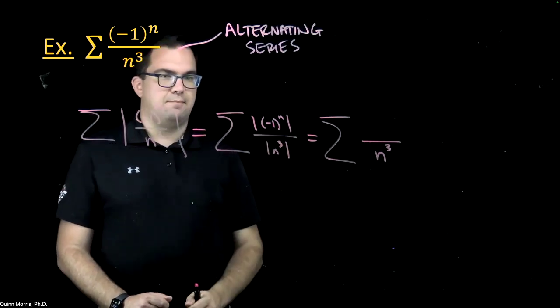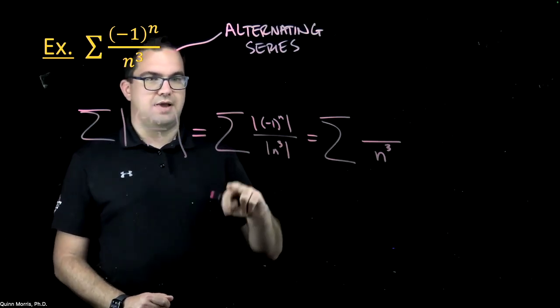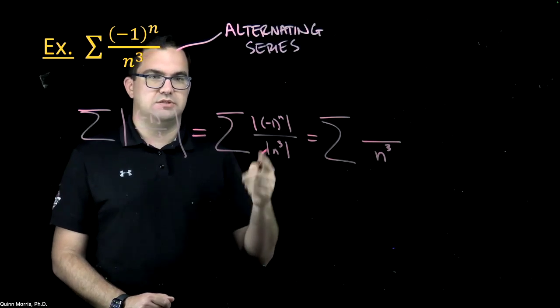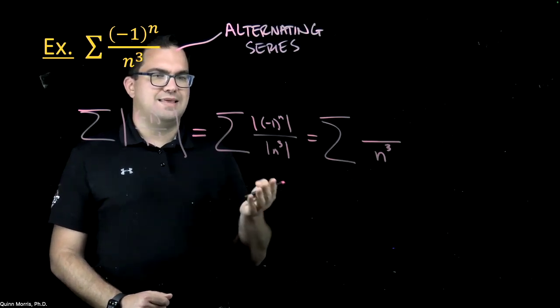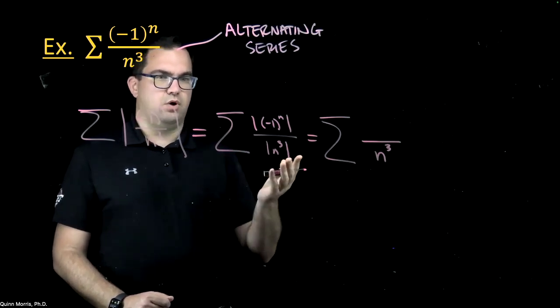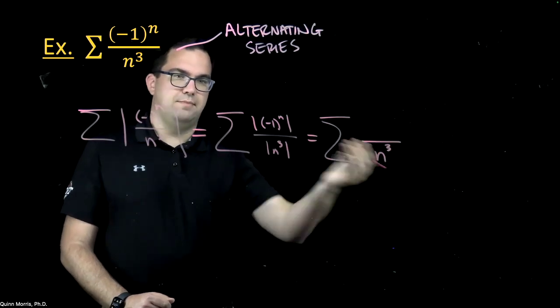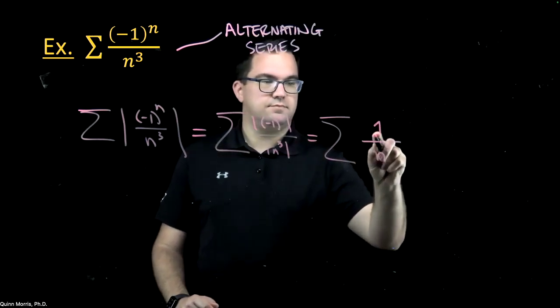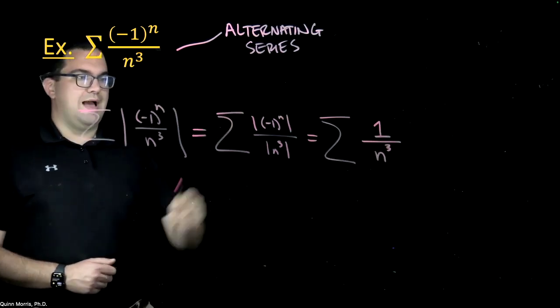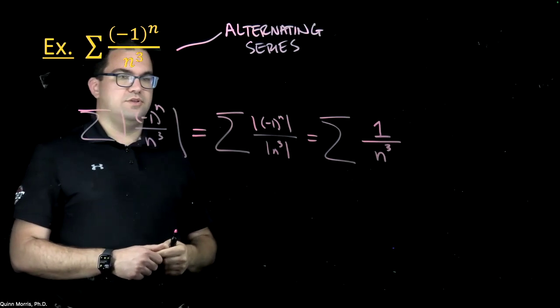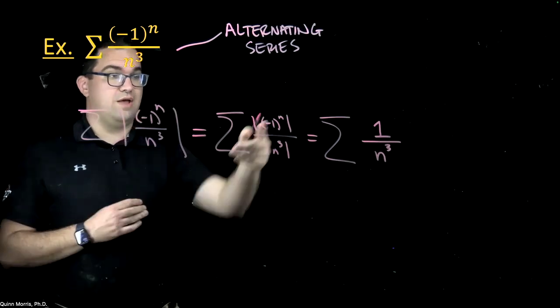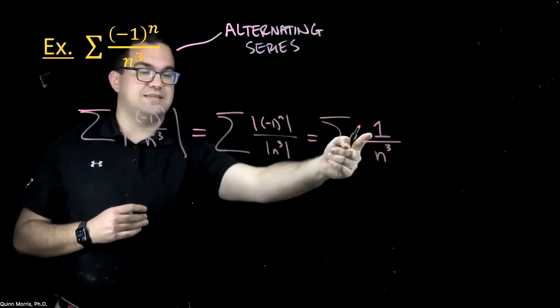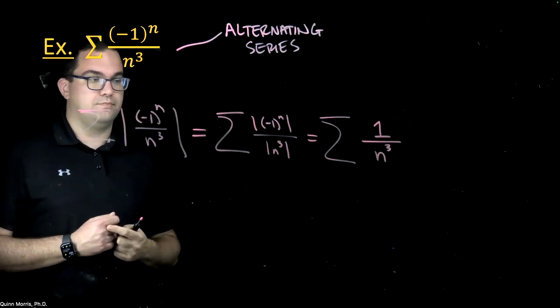These things flip-flop back and forth, -1, +1, -1, +1, and so on. But when I take the absolute value, if it's +1, I just get 1 back. If it's -1, I just get 1 back. So the absolute value of (-1)^n is just 1, whether this is positive or negative 1.